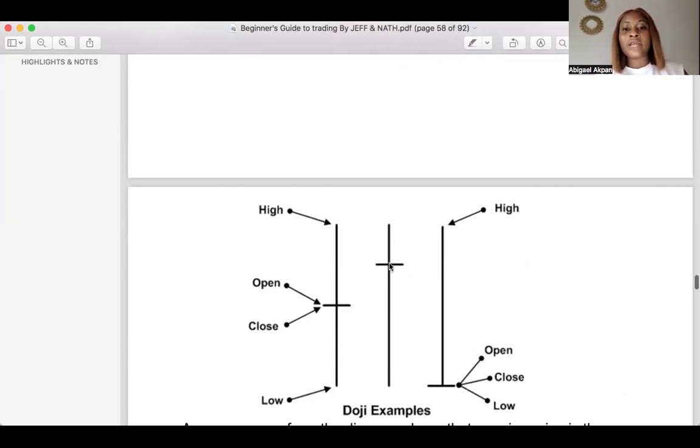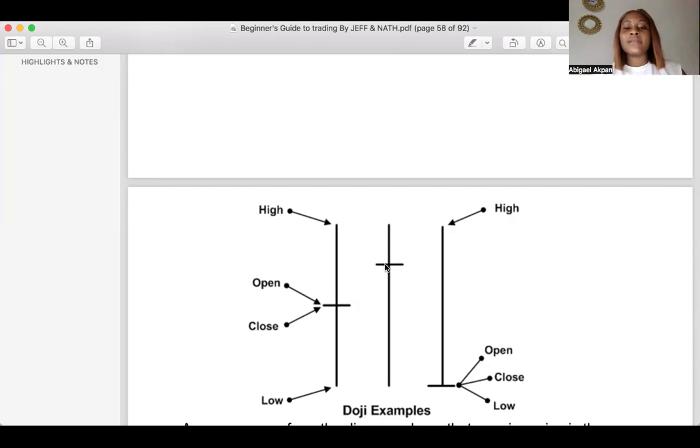Whenever you see the appearance of this candlestick, it tells you that there is indecisiveness in the market. Indecisiveness in the sense that the buyers and the sellers are struggling over who will win the race. They are struggling on whether the price should go up or come down.